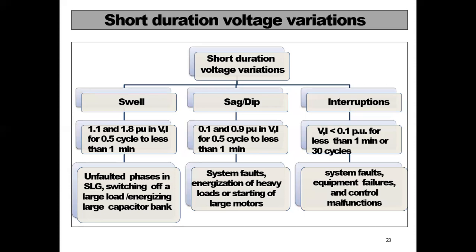Interruptions, V comma I, are less than 0.1 per unit for less than 1 minute or 30 cycles.